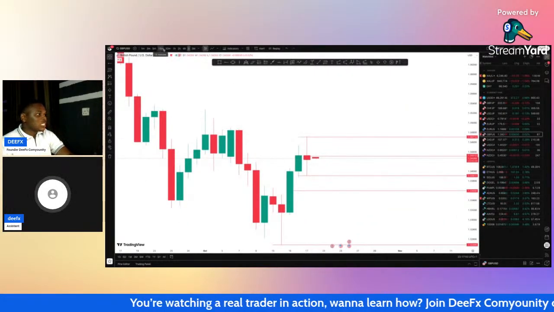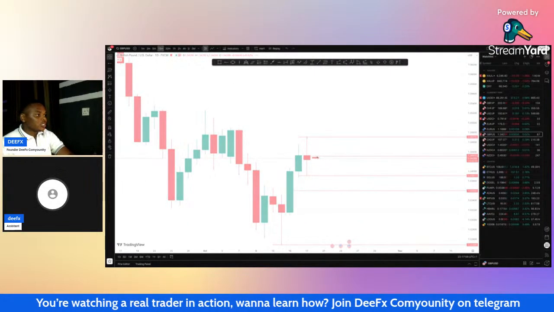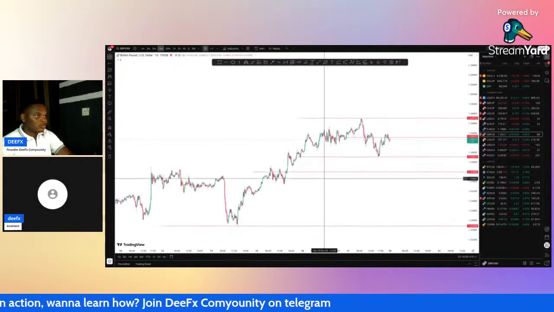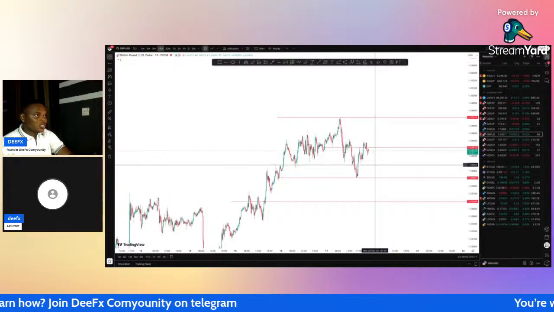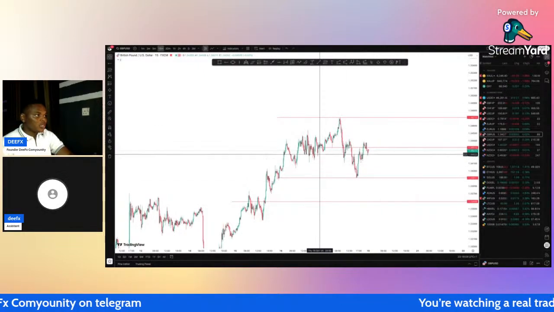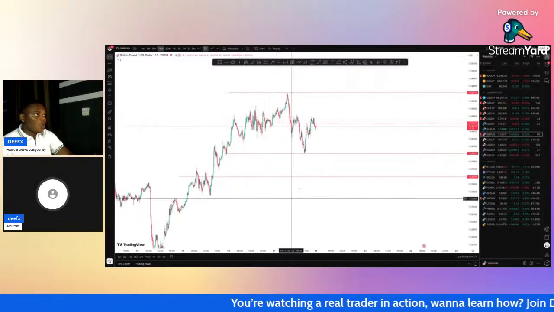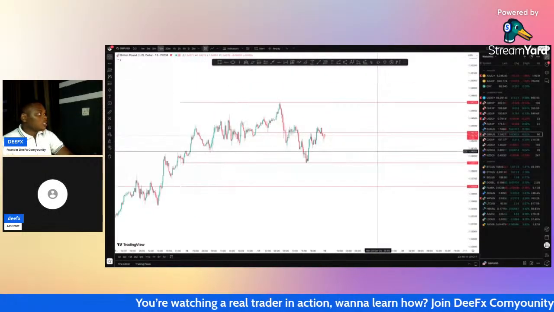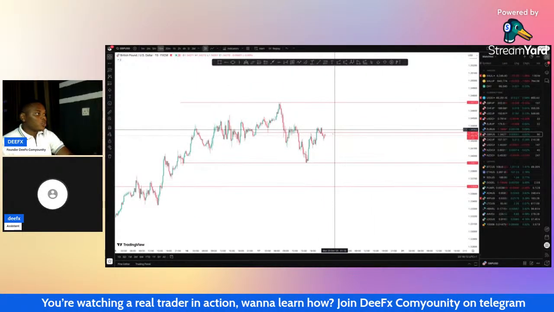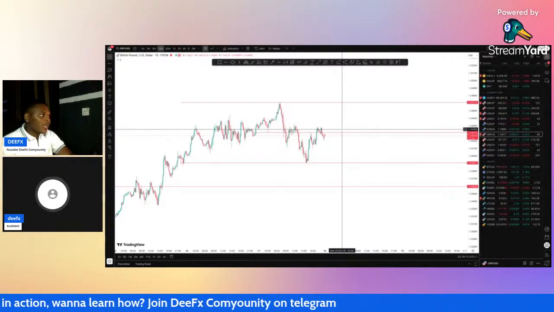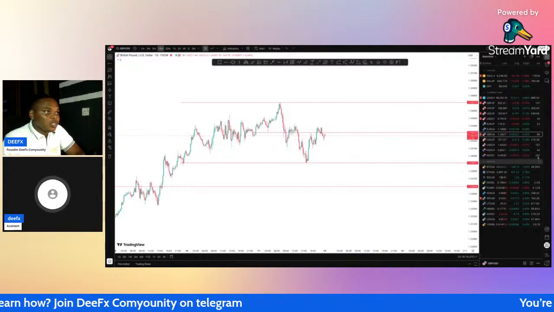So with this now, we can just go ahead and look out for what is going to happen right about now. So this here is the previous day high, and this here is the equilibrium of the previous week low. So we need to see GBP USD trade above the equilibrium of the previous day, and then from there we will consider a buy, and so on and so forth. So that's for GBP USD.